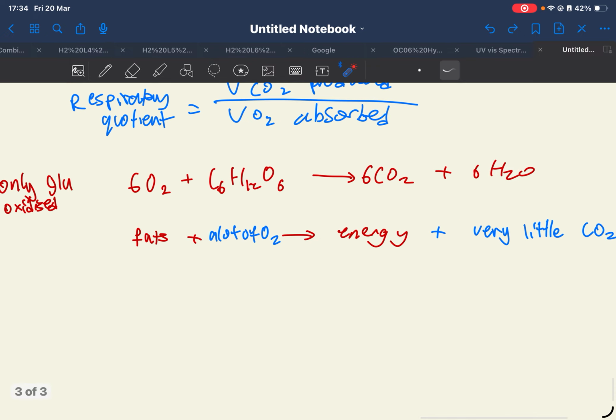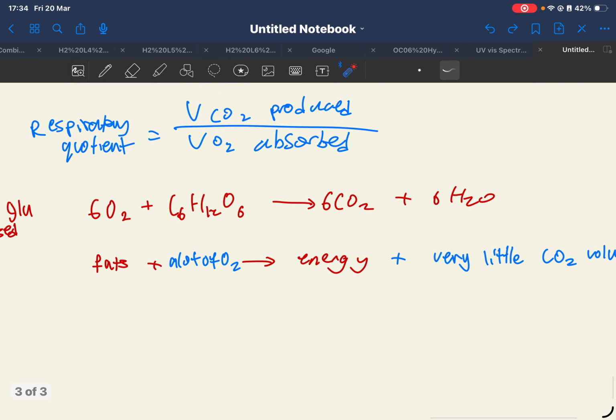Okay, so in this case, this is the glucose equation, right? We know respiration of glucose. This is the standard equation. Okay, so in chemistry we learned that the volume ratio is equal to the mole ratio. Mole is basically just the number of molecules in this case. So for every 6 molecules of oxygen absorbed, 6 molecules of carbon dioxide will be released.